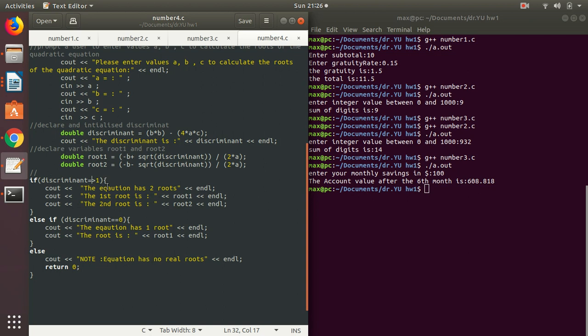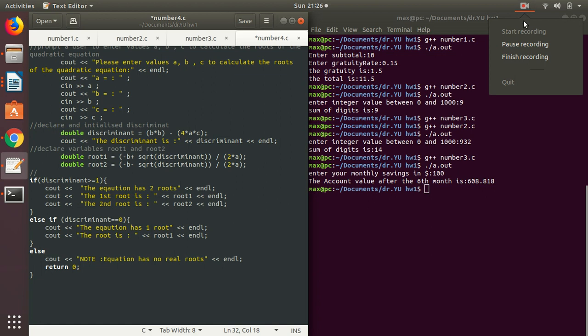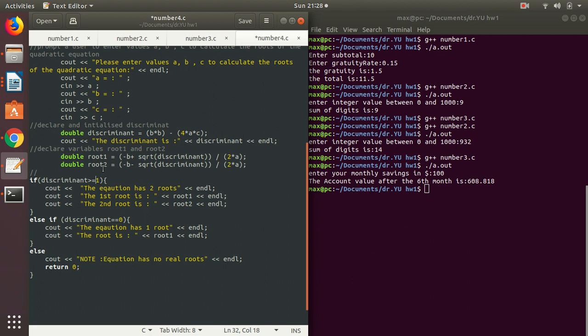So if the discriminant is greater or equal to 1, yes, that is right, it will give me 2 roots, root 1 and root 2.